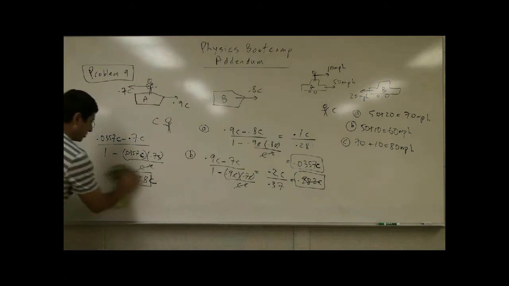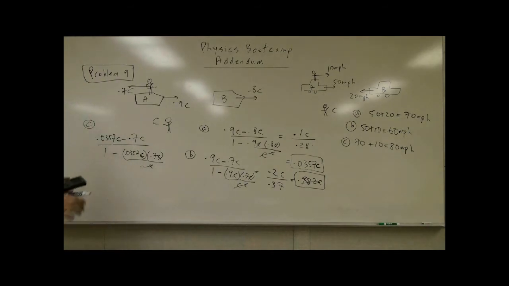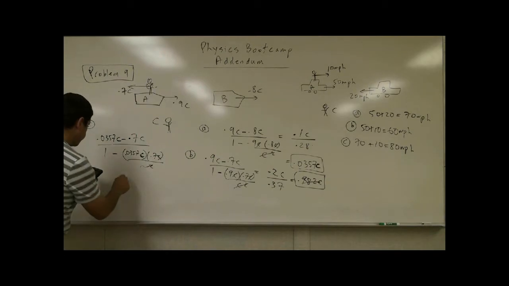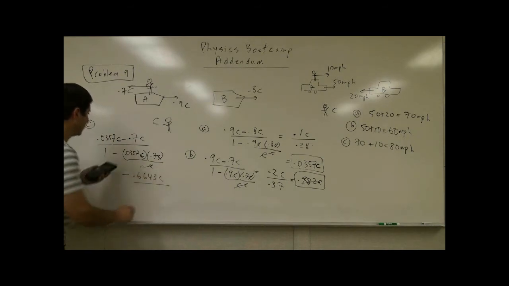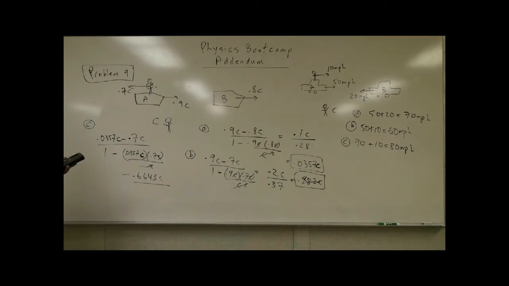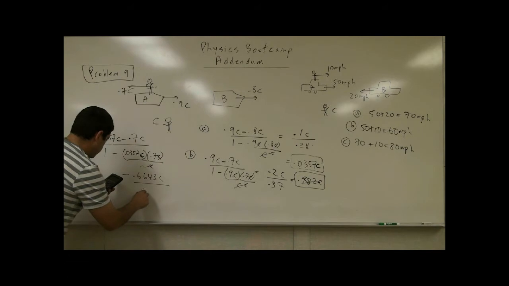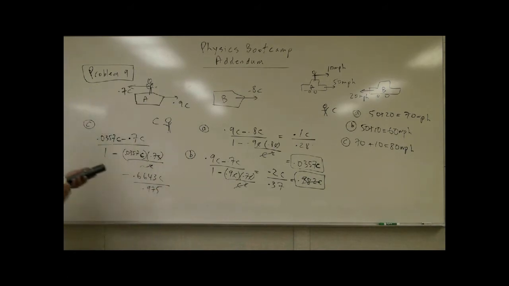So the final answer will be what here, to the last part? Well, 0.0357 minus 0.7. On the top you have negative 0.6643c. And then on the bottom you have 1 minus 0.0357 times 0.7, you have 0.975, okay?